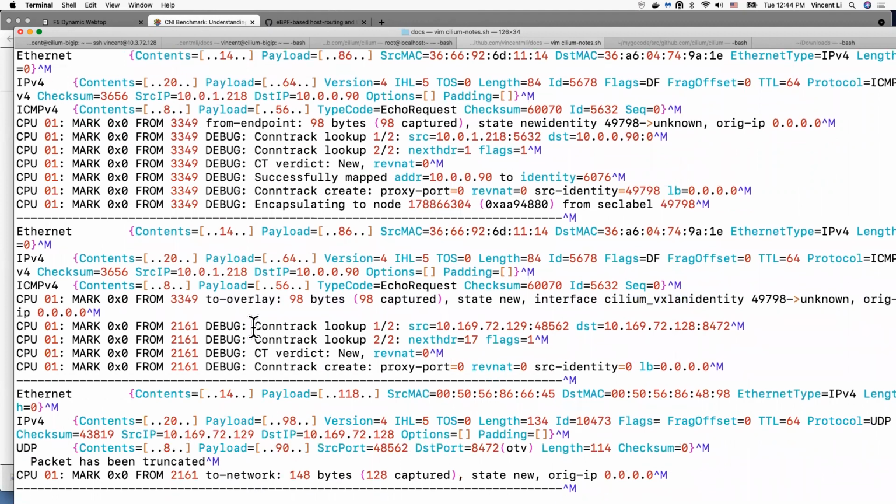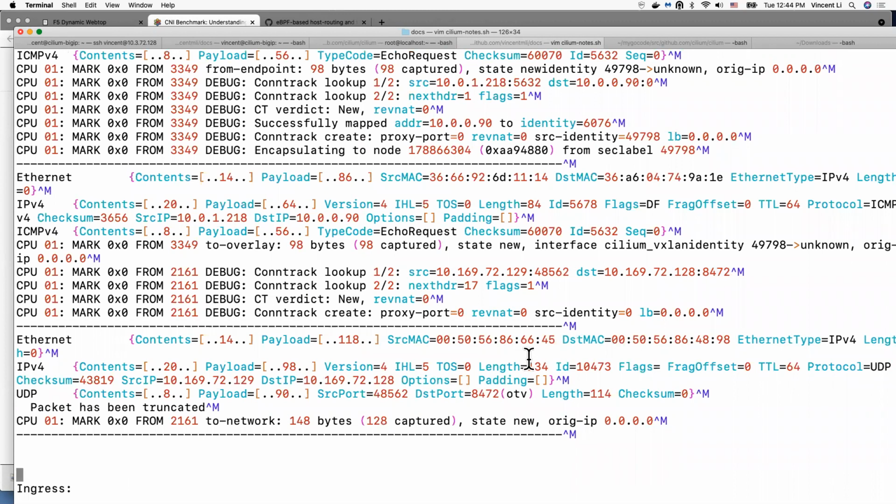Then there's a contract lookup for the VXLAN packet. And you notice here, now the source IP is the node IP, the destination IP is the remote node IP, and the port is the VXLAN port 8472.